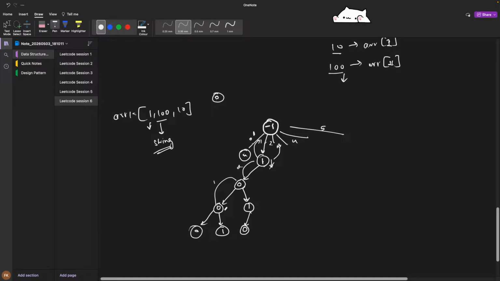We return 3 here because we found the size of the prefix as 3, and for every DFS here I can count the max depth I could find.